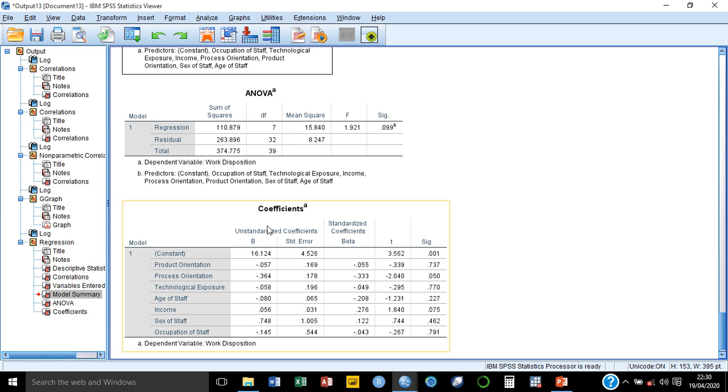We have the constant. This is their effects on them. This has a negative effect. Process orientation negative, technology negative, age negative, income and sex has a positive effect though. But looking at their significant values, income was almost going to have a significant effect, but sex does not have a significant effect.